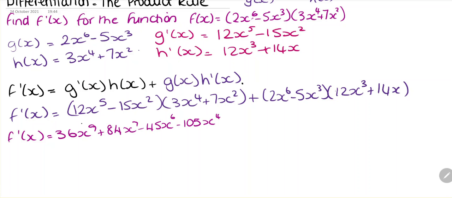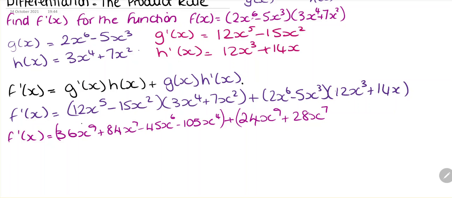Okay. So now if we look at our second bracket, we've got 2 times 12, so it's 24. So let's just separate these a second. So we have 24x^9. And then 2 multiplied by 14, so this is going to be plus 28x^7 if we add the powers.